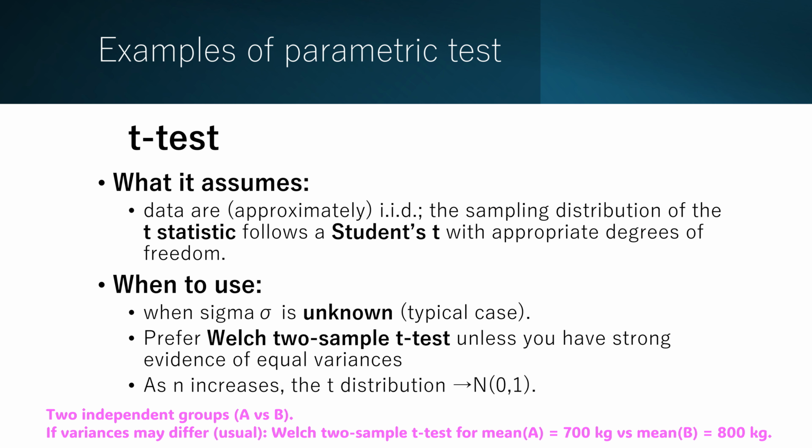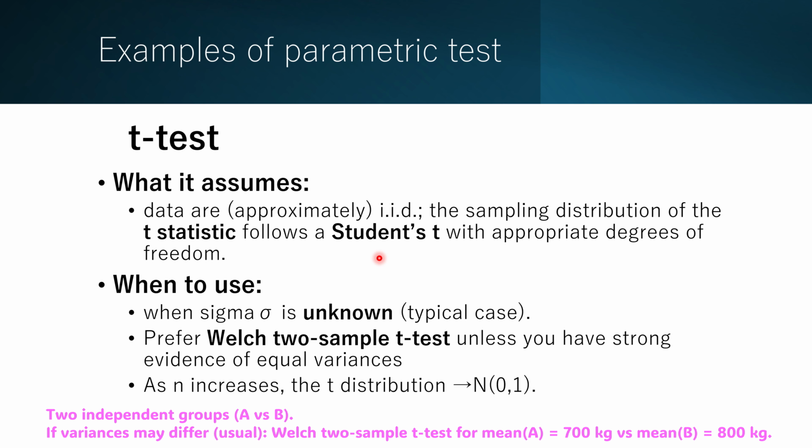Okay, an example of the parametric test is here. First is the t-test. Use it when you compare means and the population standard deviation is unknown. The t-test assumes the Student t-distribution, roughly IID observations, random observations.